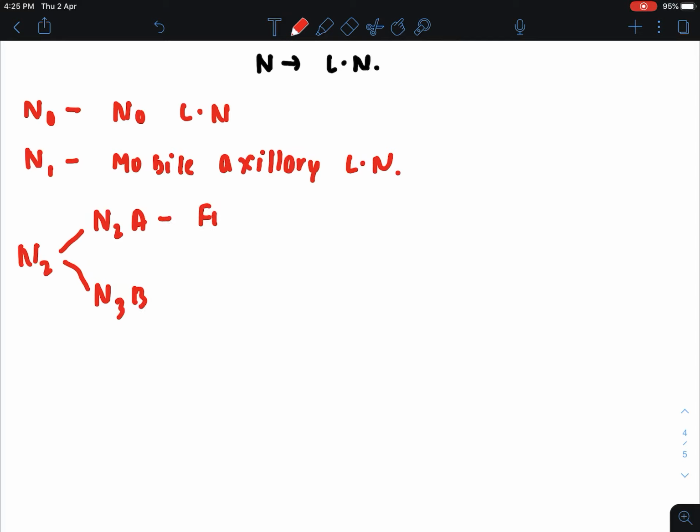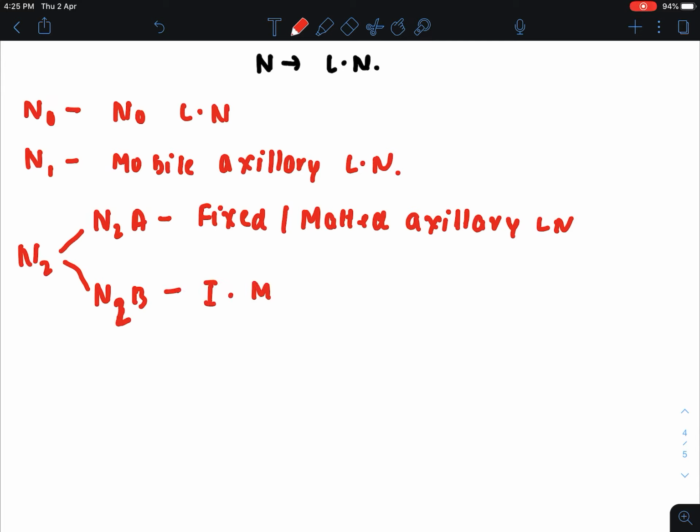N2A represents fixed matted axillary lymph node. And N2B represents internal mammary lymph node involvement, but no axillary lymph node involvement. Axillary lymph node is not involved in N2B.